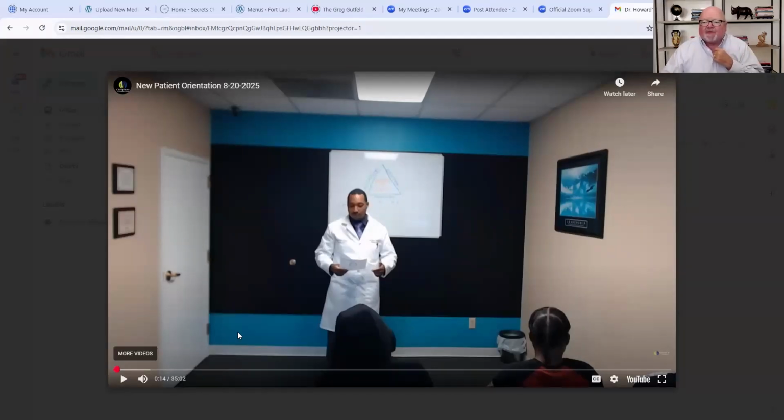Now they have those real easy Bluetooth lapel microphones that just clip on. Matter of fact, this is one right here. That's a Bluetooth. It's USB charged.